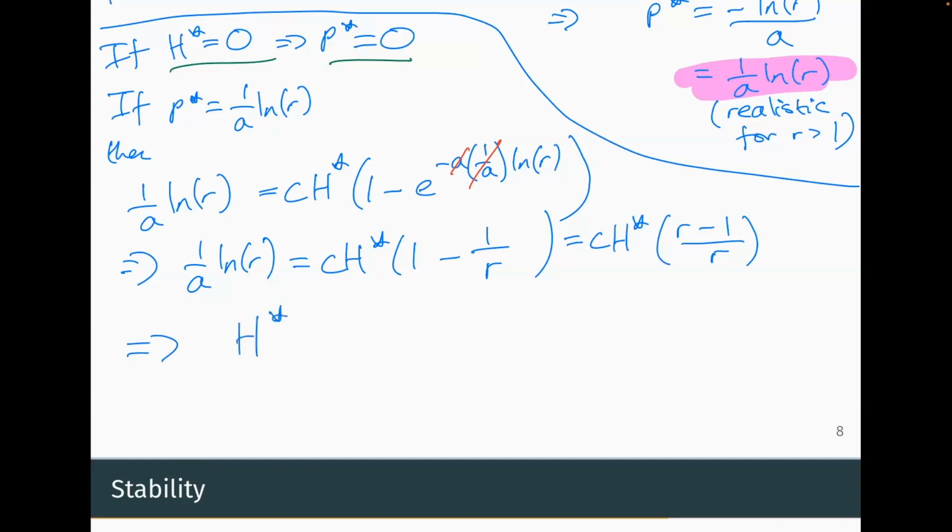This ends up giving us h star is equal to this r here times log of r divided by a times r minus 1. And I missed a c as well. It should be a c times r minus 1. So we have this is equal to this. I'm just rearranging to get h star. So multiply both sides by r, divide both sides by c times r minus 1. You'll get r log r over a c times r minus 1.